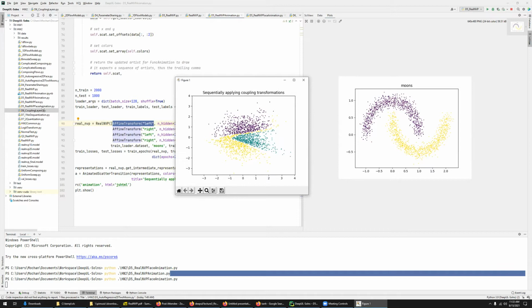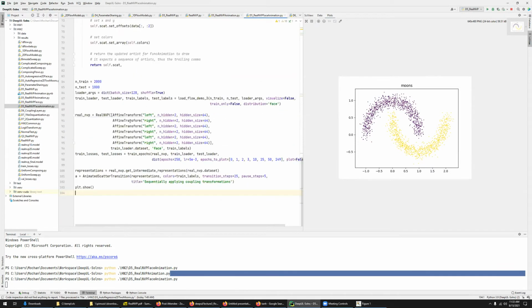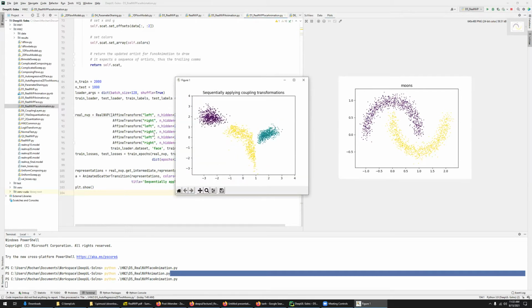And as we can see, this is the face animation, and there are all these different stages, left, right, left, right. In this case, there are 6 transforms, 6 layers, and I think this has 6 phases: 1, 2, 3, 4, 5, 6. And the last one would be the latent representation.